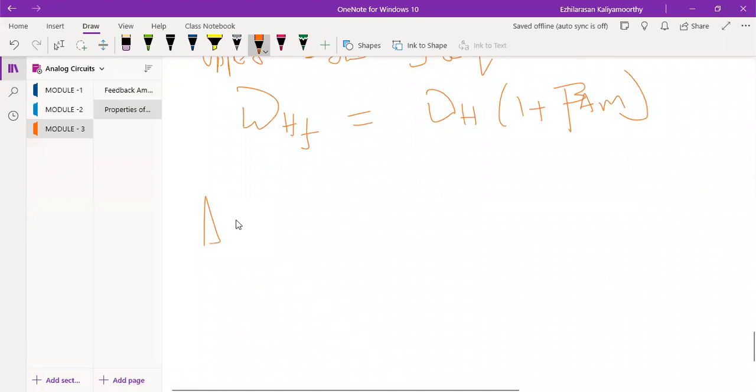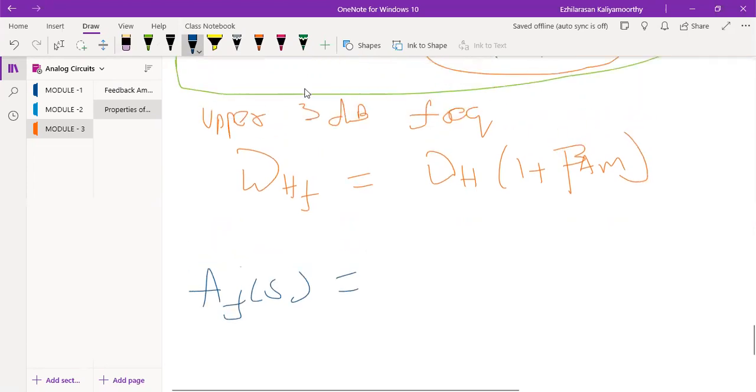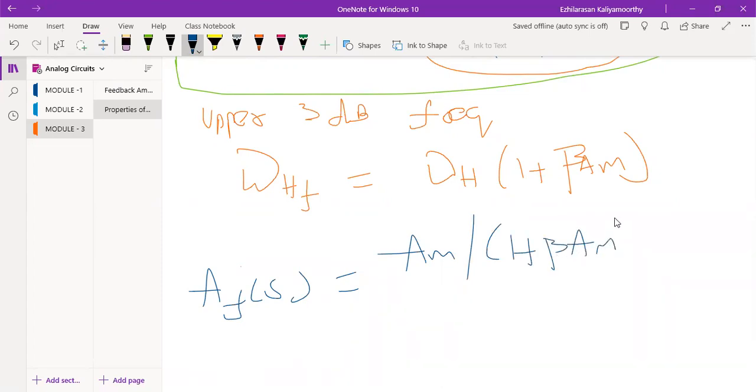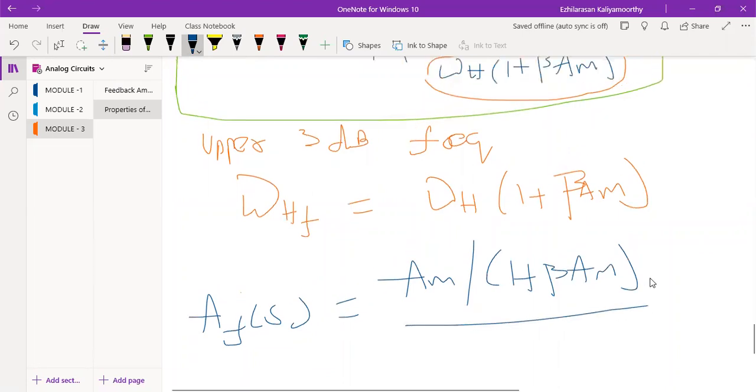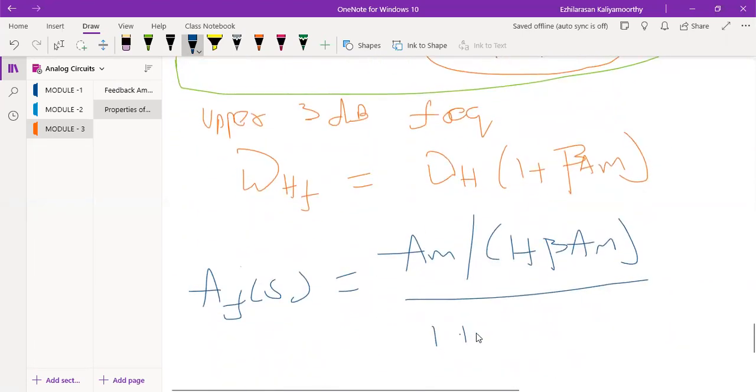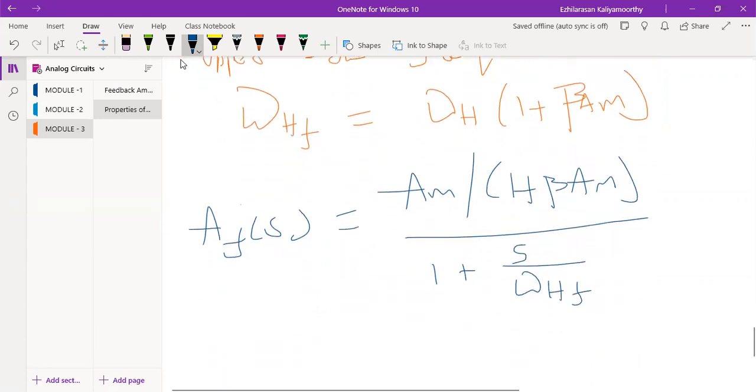The final equation I can write as AF of S equal to AM divided by 1 plus beta AM, divided by 1 plus S by omega HF. So this is the final expression we get.